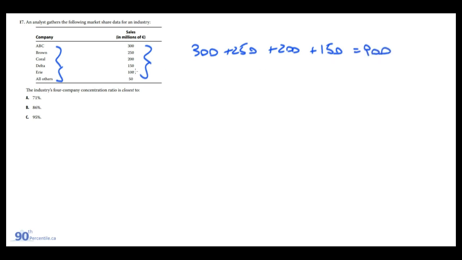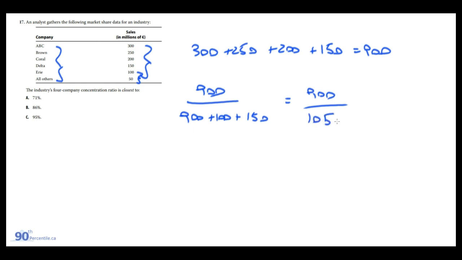And we would divide this by 900 plus the remaining 2. So 900 over 900 plus 100 plus 150, which is 900 over 1050, which is 86%.